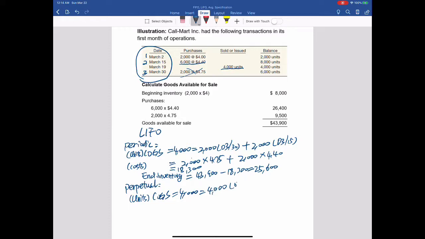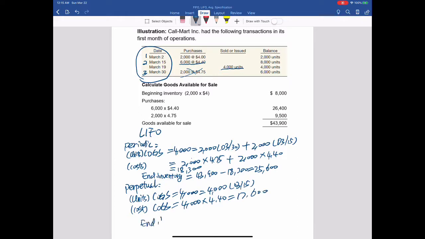So that's enough for this purchase. So the cost of cost goods sold will be 4,000 multiplied $4.40 is 17,600.